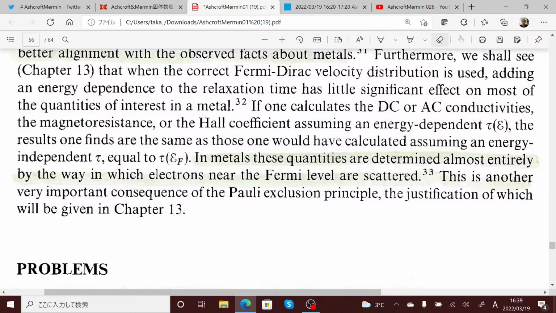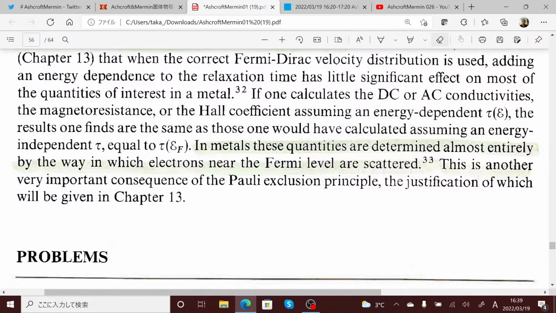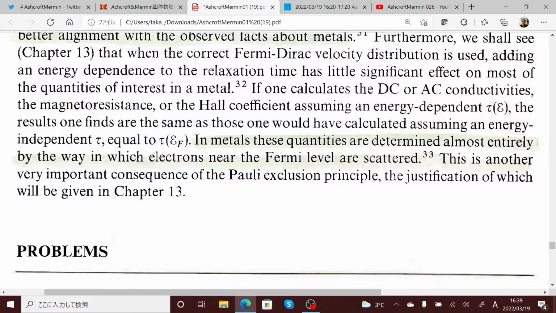In metals, these quantities are determined almost entirely by the way in which electrons near the Fermi level are scattered.